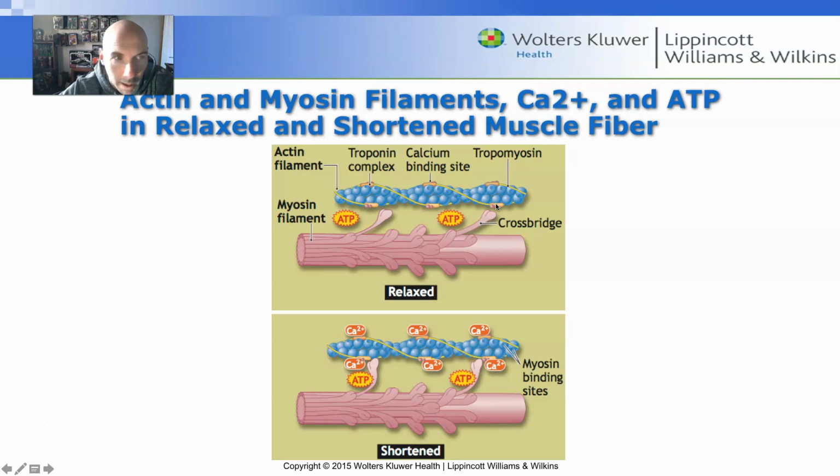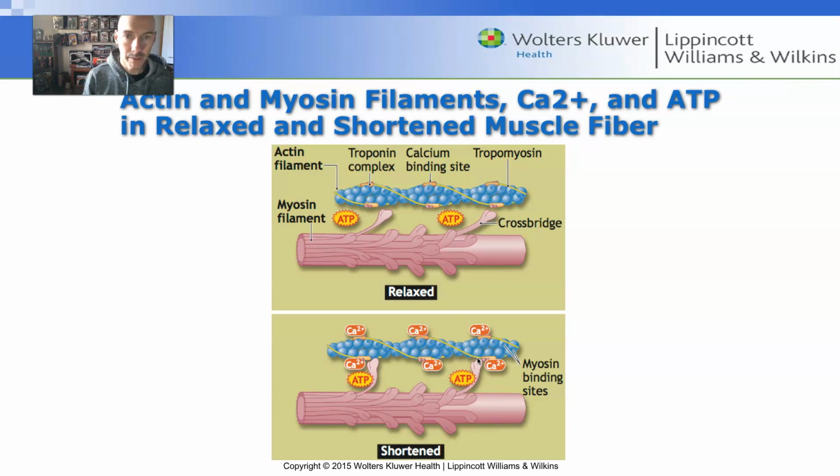But once the tropomyosin moves out of the way, the binding site is exposed, allowing the cross bridge to attach right here. Okay. And again, calcium has to be present for the binding site to be exposed and myosin to be able to attach, right? So calcium is critical when it comes to muscle contraction.